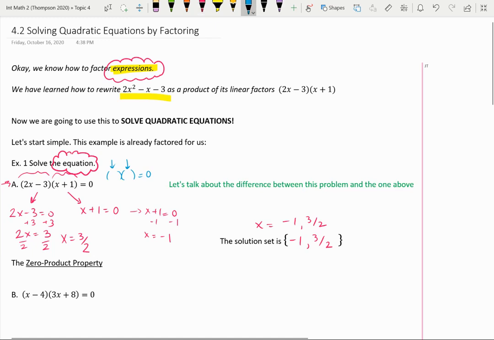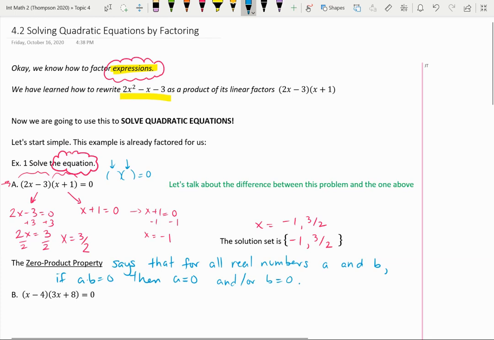So let's write out a formal definition of the zero product property. The zero product property says that for all real numbers A and B, if A times B equals 0, then A is 0 and or B is 0.